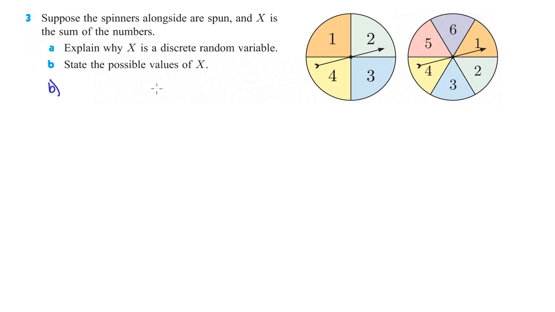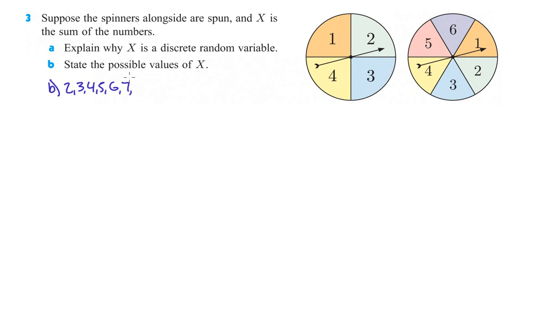So we could get 1 and 1, which would give us a total of 2, and then 1 and 2, 3. So it's 1 through 6. We get 1 plus all of these is going to be 2, 3, 4, 5, 6, and 7. And then 2 plus all of those, 1 through 5 will give us the same numbers, minus the 2.